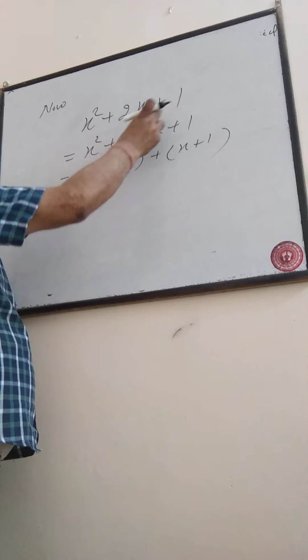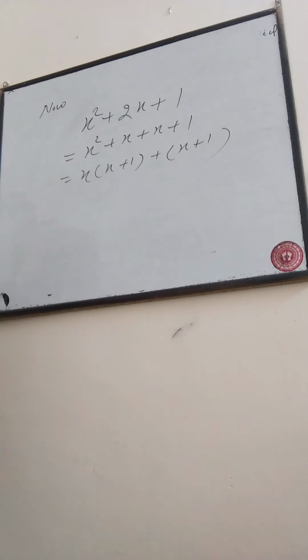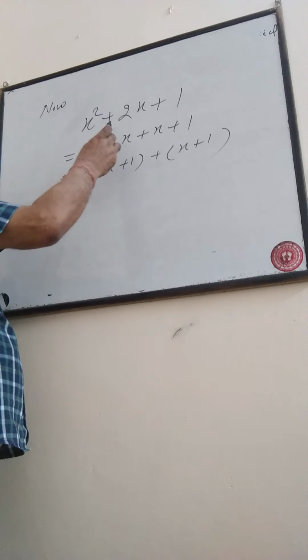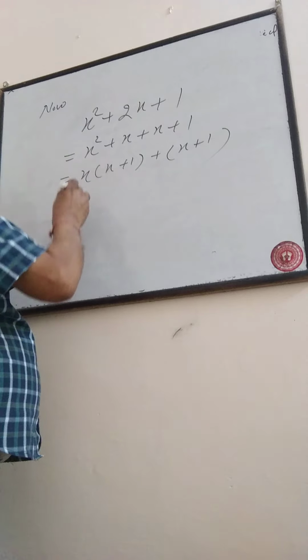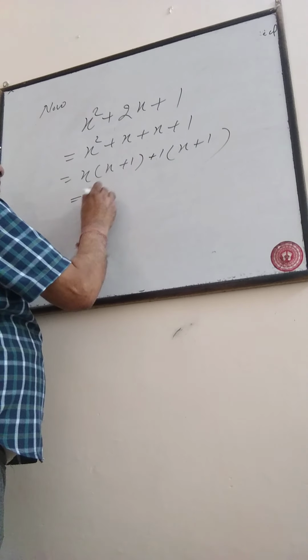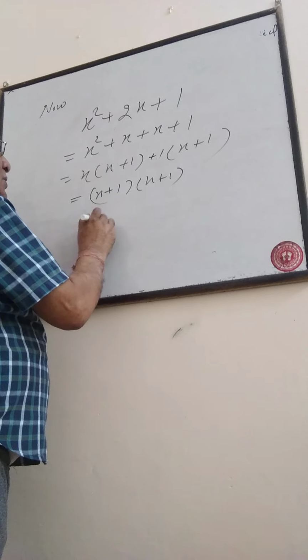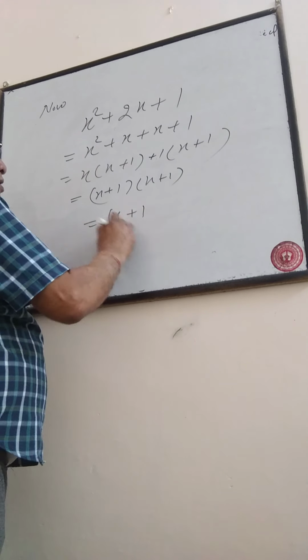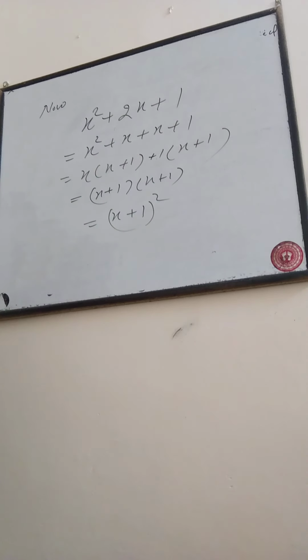Here the factors of 2 are taken as 1 plus 1, since 1 times 1 is 1 and 1 plus 1 is 2. Obviously this will become x plus 1 into x plus 1, x plus 1 whole square. You could directly write this as x plus 1 whole square.